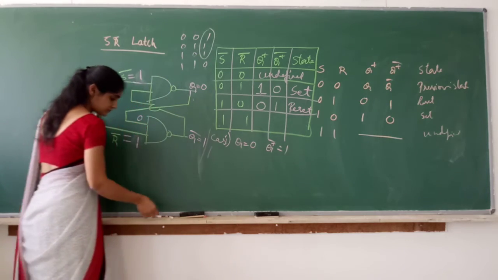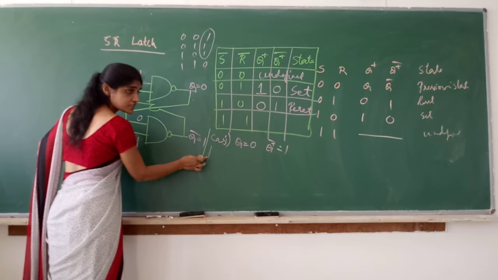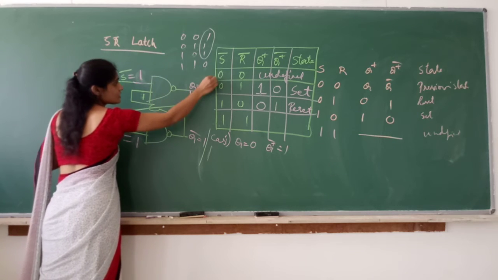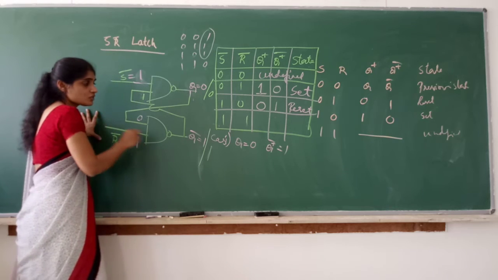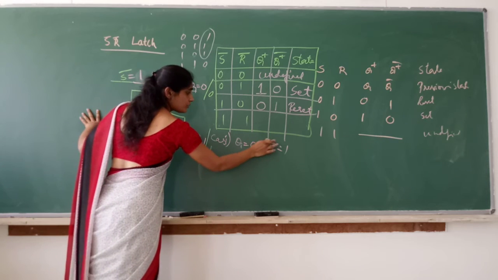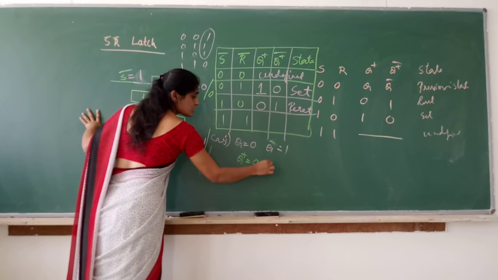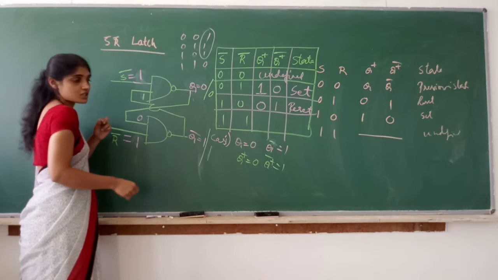So this is previous state. Now the next state is 1. That 1 will come here. 1, 1, NAND gate, 0. So what has happened? Next state is same as previous state. So when Q is 0, Q bar is 1, Q plus is equal to 0, Q plus bar is equal to 1. That means next state is same as previous state.